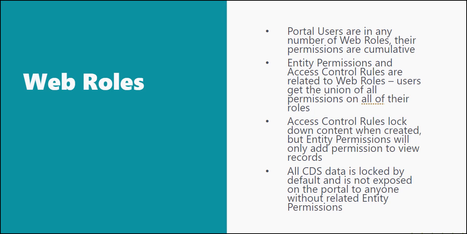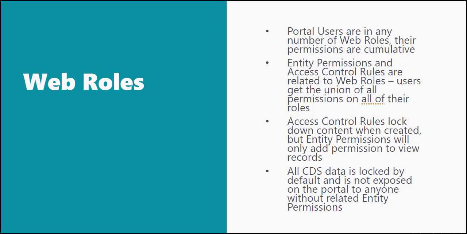Access control rules lock down content when they are created. So if you're familiar with securing web pages and portal content, you may be aware of the fact that when you create access control rules, previously open content, because all portal content is essentially accessible to the world by default. In other words, there's no URLs that are restricted by default. The only way to restrict URLs is to create access control rules, right?